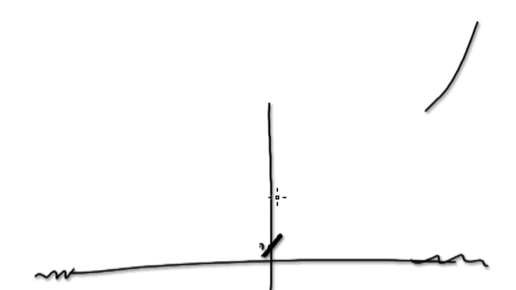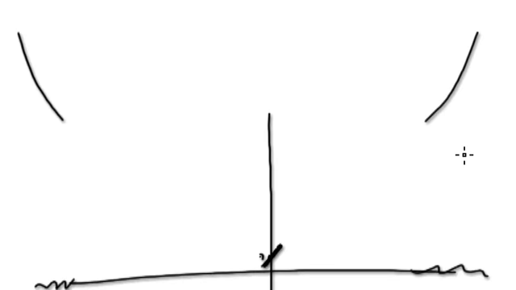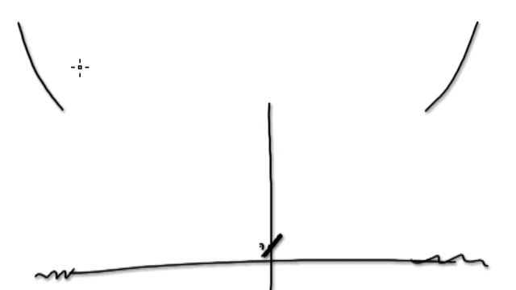So I'm going to guess it's going to follow something like this. When x is big, it wants to do the x squared. That's why it's like this. When x is small, it wants to do this. So I'm just going to guess.